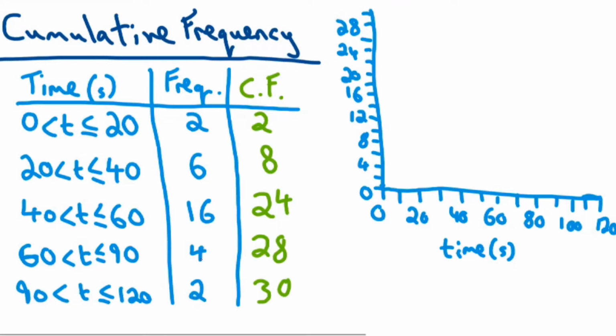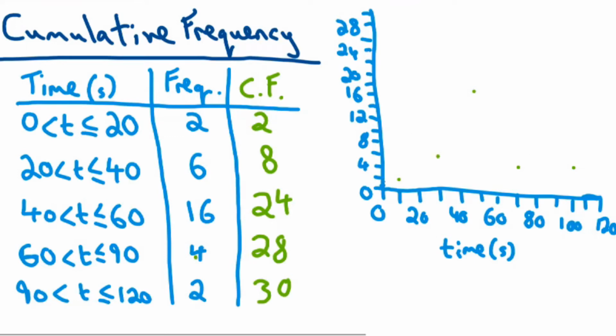If we then wish to plot this on a graph, we do have to be using the cumulative frequency. If we were to plot the frequency itself, let's say we did that at the midpoints, you'd have 2 at 10, 6 at 30, 16 at 50, 4 at the middle of that, which would be 75, and then 2 again at 105.